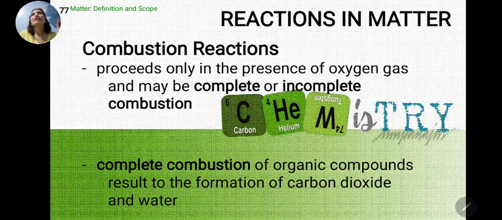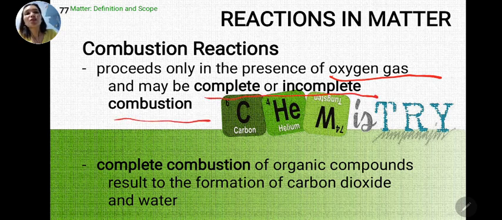So next one, after neutralization reaction, we have the sixth reaction, which is combustion reactions. These proceed only in the presence of oxygen gas, and this may be complete or incomplete combustion. So what is a complete combustion?